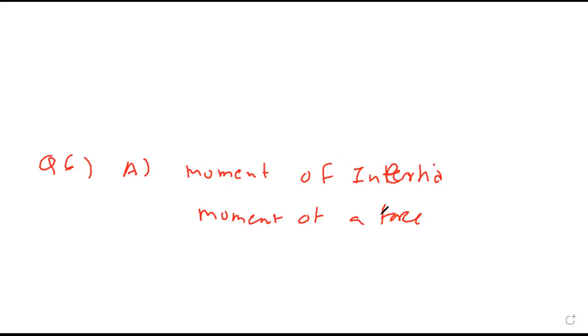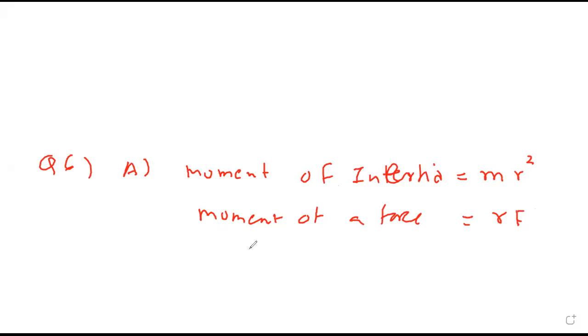Moment of inertia and moment of force they are telling. Moment of inertia is mass into square of distance and moment of force is RF. Moment of inertia is mr square and moment of force is RF. These are two formulas which we are going to study later. Are these two similar?